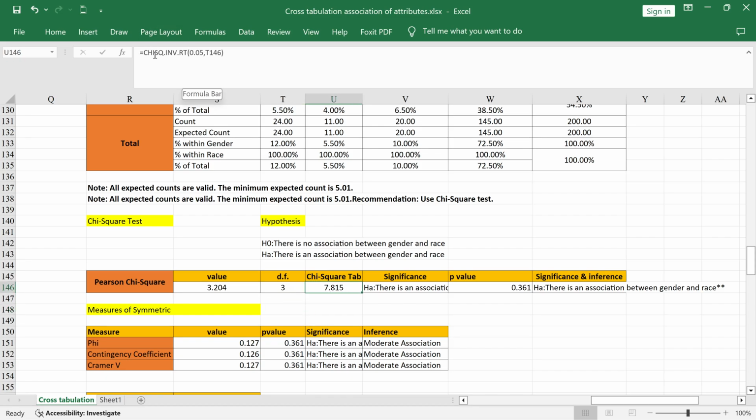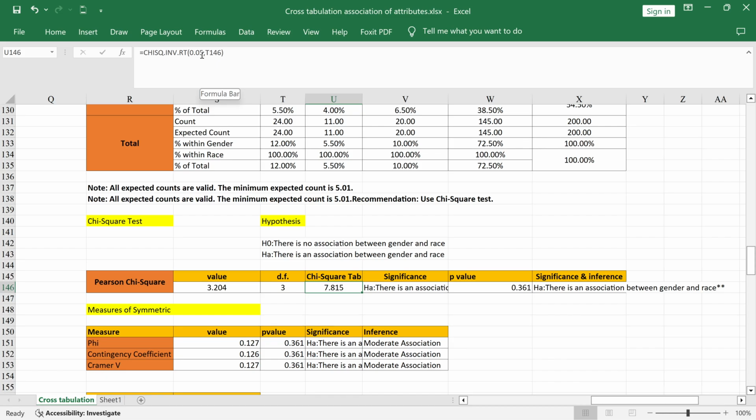This is the chi-square value from the inverse, right tail function. If you want information about right tail, two tail, or left tail, you can learn from Google or any book; it's available everywhere. This chi-square table value is for 0.05. If you want 1%, you can just put 0.01 over here and you will get the chi-square value.